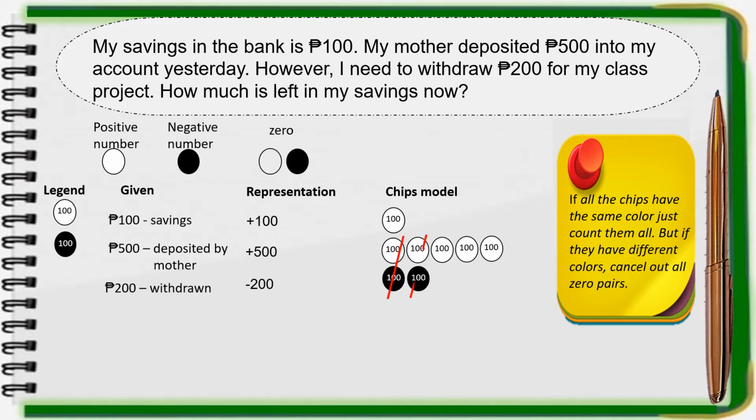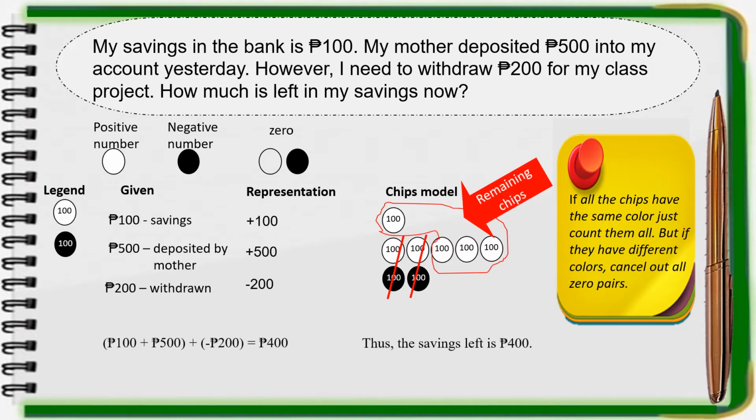When we say 0 pair, huwag kalimutan, ito ay magkapares isang white at isang black chip. Ngayon, ilan na lang ang natirang chips? At anong kulay? Tama! We have 4 white chips remaining. Thus, the savings left is 400 pesos.